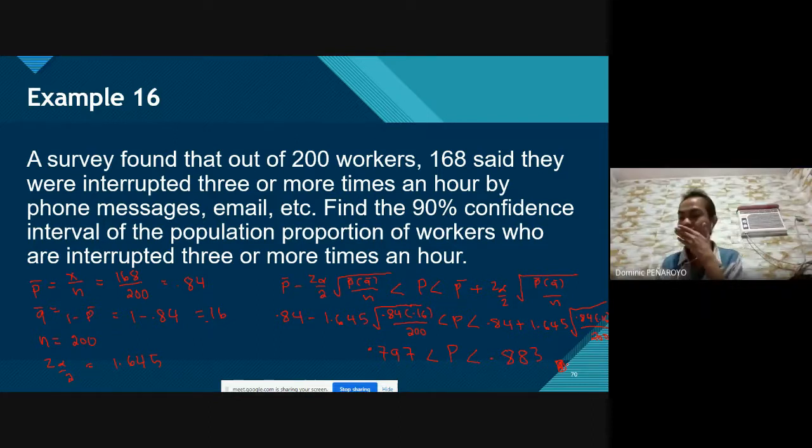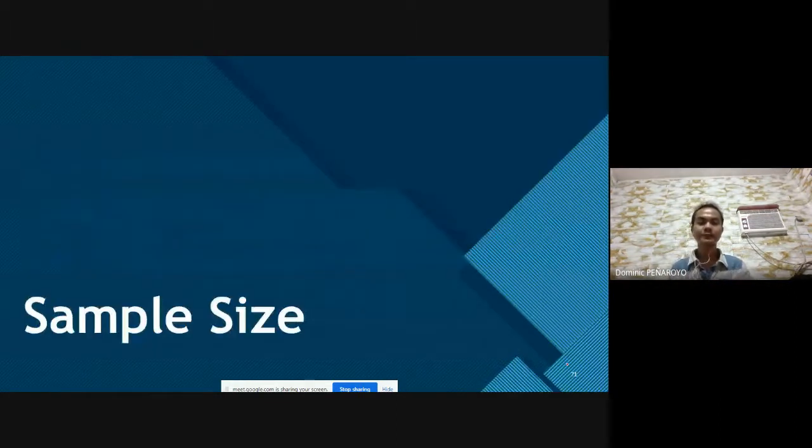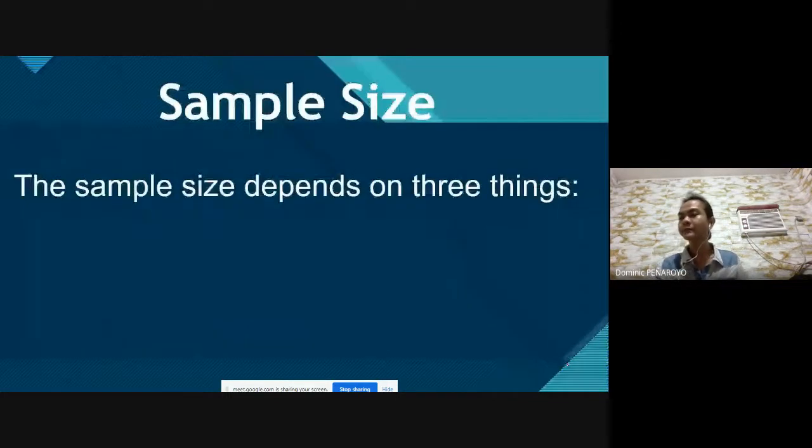All right. So let's proceed with the sample size. Actually, meron tayo ditong tanong, 'di ba? Yung mga survey administrators: how large a sample size is needed for us to know that our research is accurate?